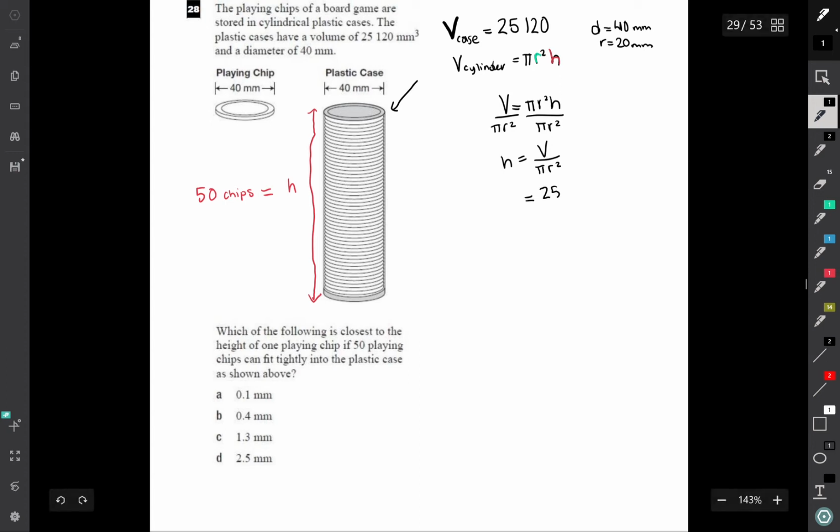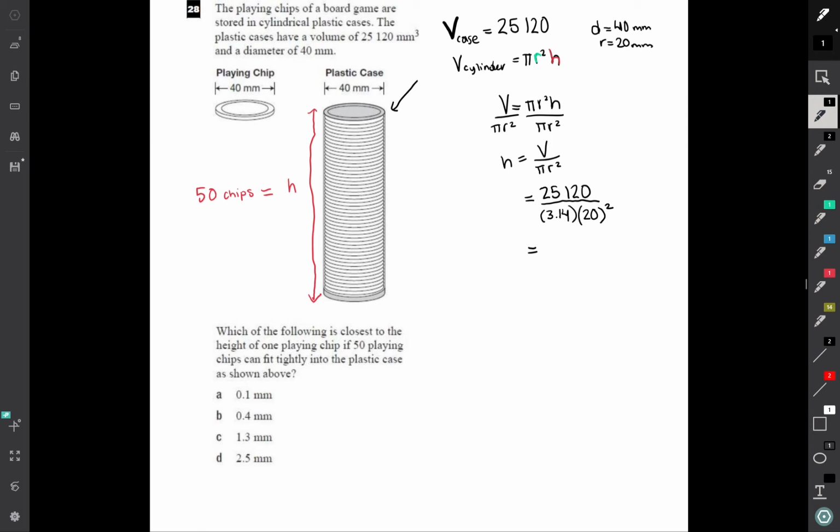It's 25,120 millimeters cubed. Pi is just 3.14. And then r, remember, it's 20. Don't put in that 40, because 40 is the diameter. r squared. Okay, so now we're good. We can solve for h. Just put those numbers into our calculator.